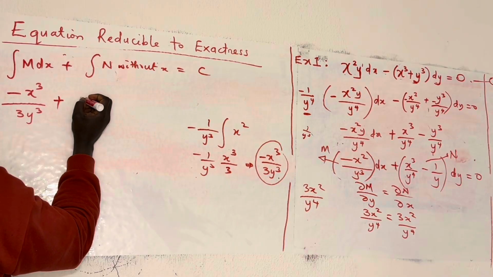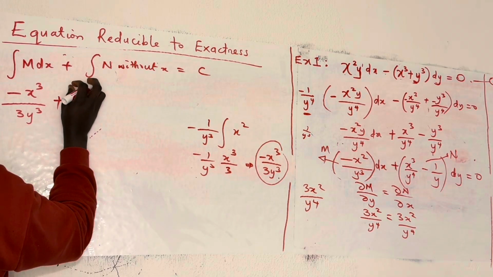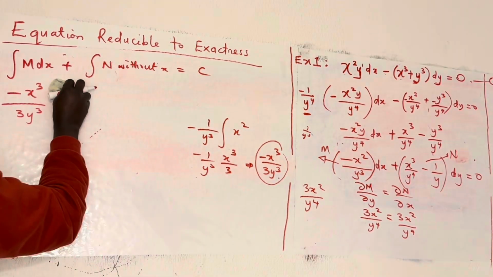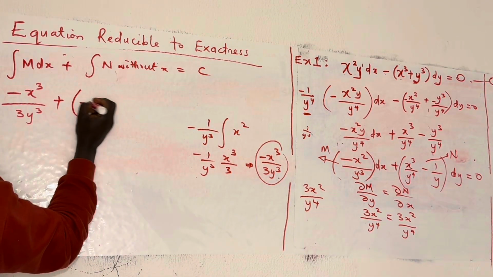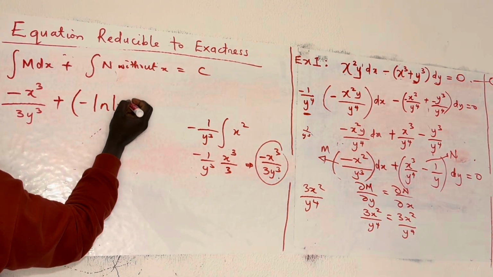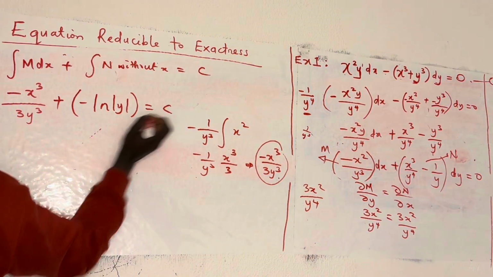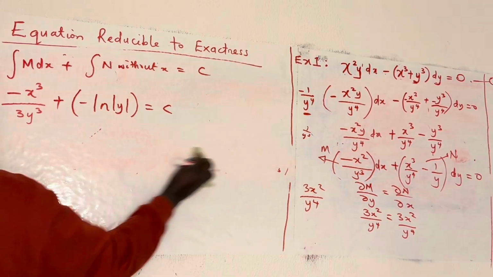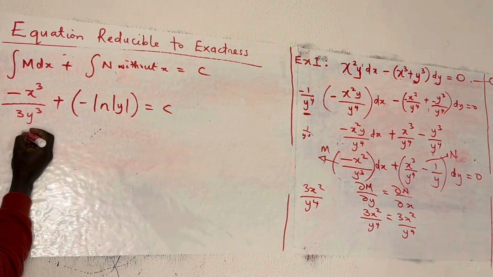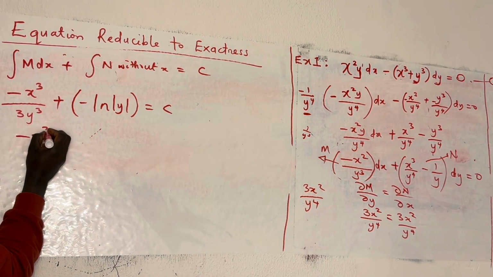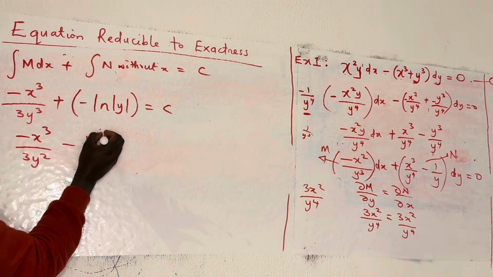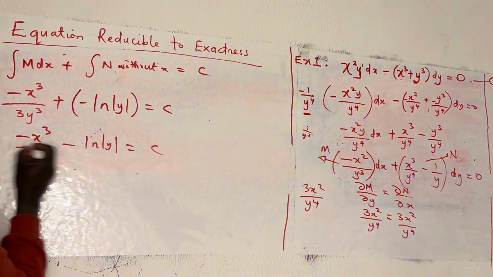So we have minus x cubed over 3y cubed minus ln y, all equals c, which is the constant. So that's our final answer for this.